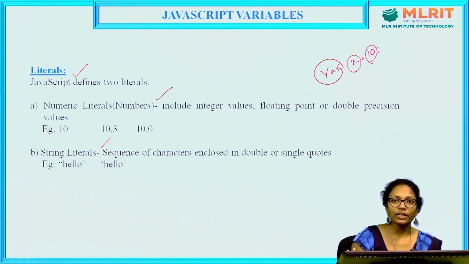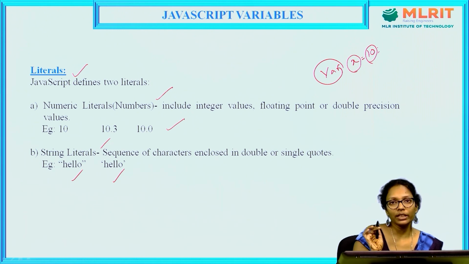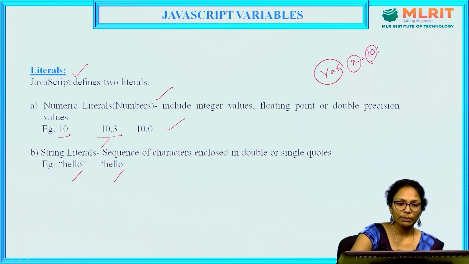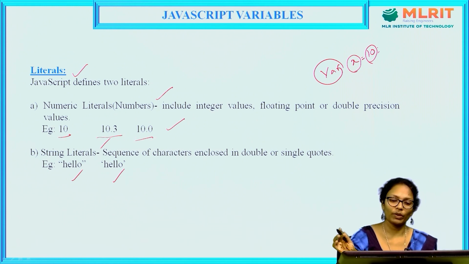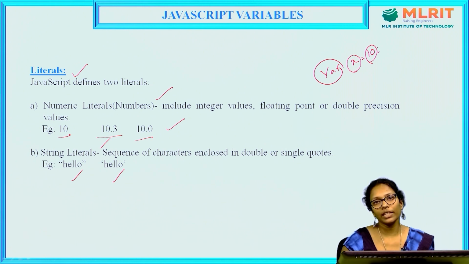Numerical may be an integer value, float value or double value. Coming to strings, we have hello, it may be any string, single character or multiple characters, within double quotes or single quotes. These are different examples of numerical literals: integer, double or float. Literal is nothing but the value which we are assigning to the variable.